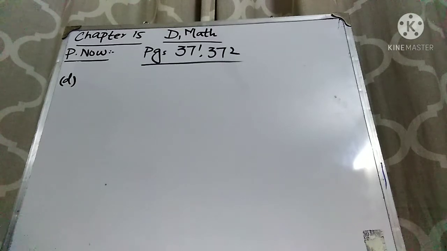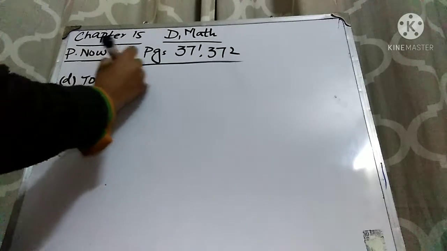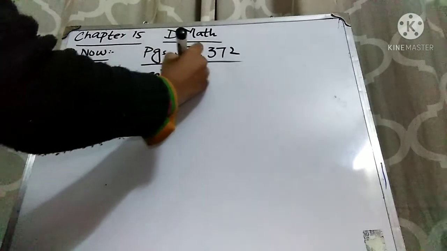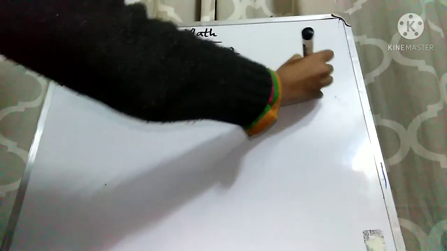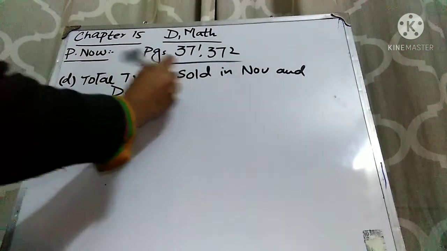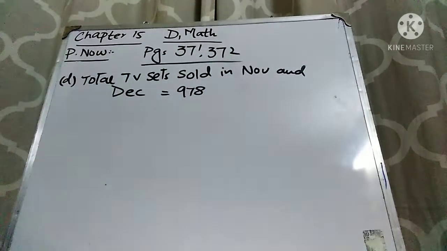We have found the total number of television sets sold in the 7 shops in November and December in part C, and the number was 978. We added the total number of TV sets sold in November and in December, 384 and 594, and got 978 in part C.